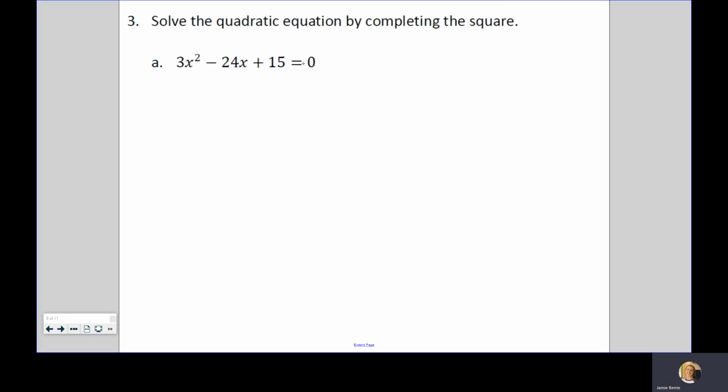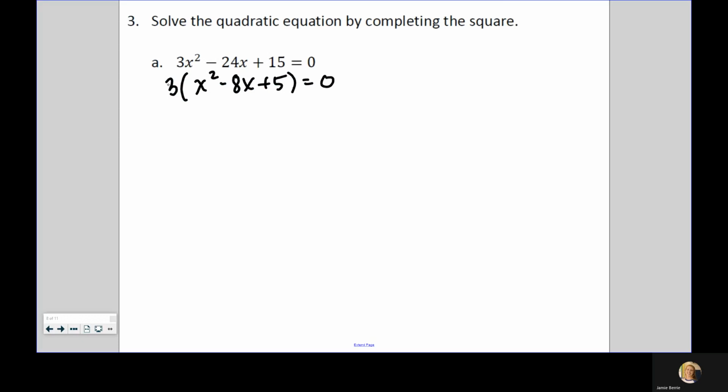Now, when I look at this, the first thing I see is that we have a common factor here. 3 goes into 3, 3 goes into 24, and 3 goes into 15. So you can go ahead and pull out that 3, and that's going to make this problem a lot easier. So pulling out a 3, that leaves us with x squared minus 8x plus 5 equals 0.